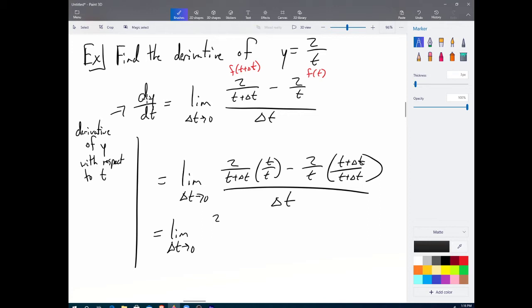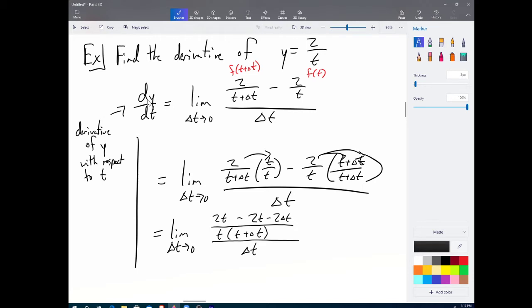So I'm going to go ahead and multiply through on the top, 2t minus 2 delta t. I'm going to distribute, and of course my negative gets attached to this negative 2 on the back half. But on the bottom here, I am not going to distribute that. That is very much on purpose. If I need to distribute later, I'll distribute later, but I'm not going to worry about it right now.